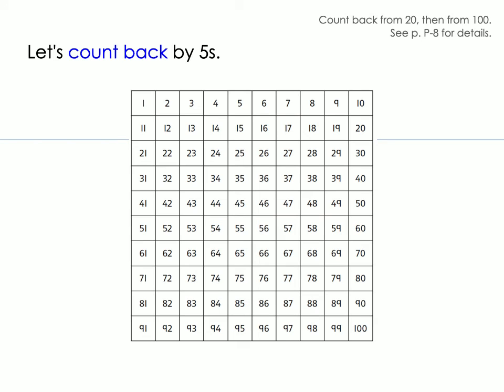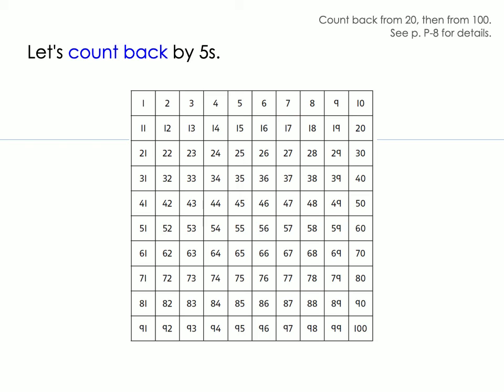So how about we'll start at the number 75. Can you count backwards by 5 starting at 75? Well, we'll go down to 70, 65, 60, 55, 50, 45, 40, and so on.